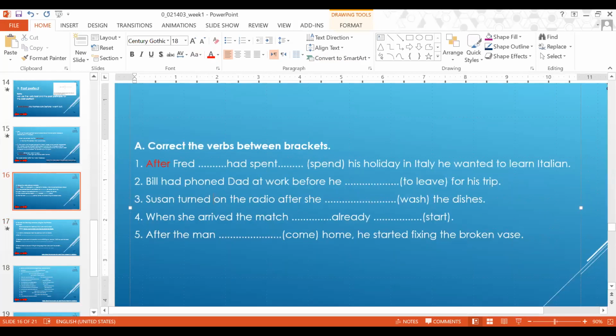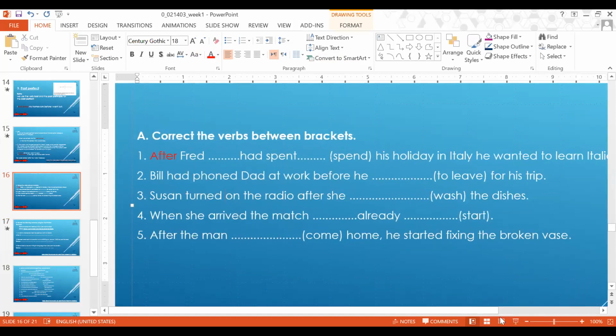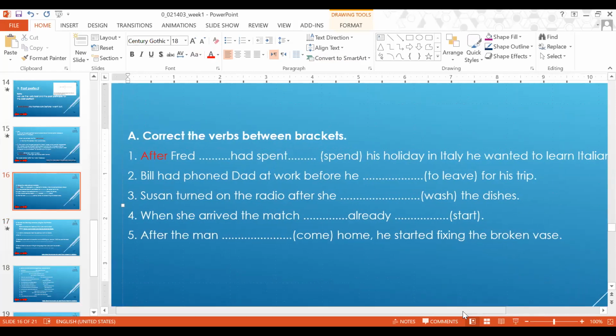Okay, who would like to do the second one? Celine. Bill had phoned Dad at work before he had to leave for his trip. Not had to. Look here, Celine. We said before is followed by what? Before is followed by verb to, right?